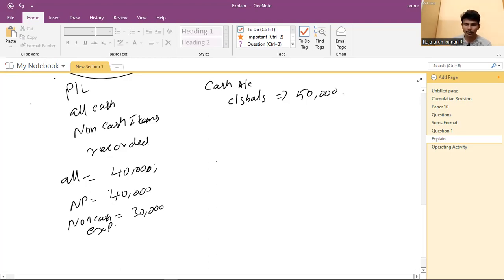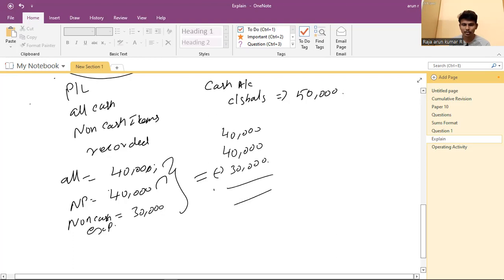We find out the closing cash balance. In that time we less all non-cash items, like 40,000 they give cash item. In the net profit 40,000 less the non-cash item 30,000, total it 40, 40, 80, 80 minus 30, 50,000.